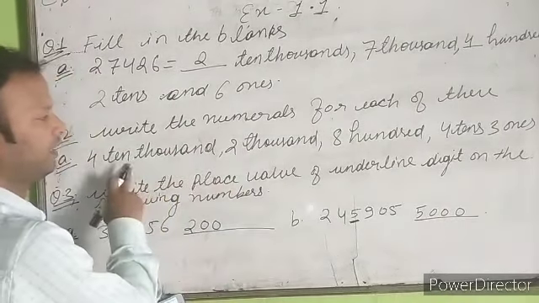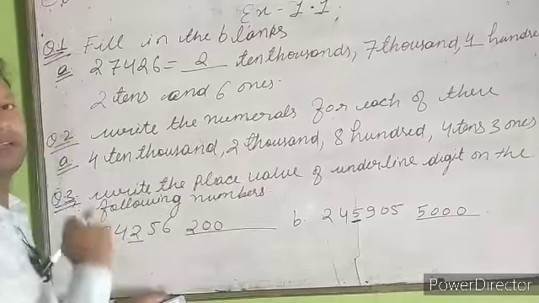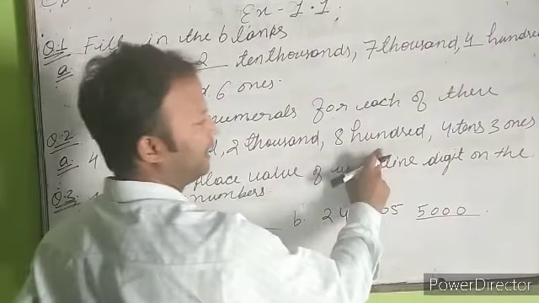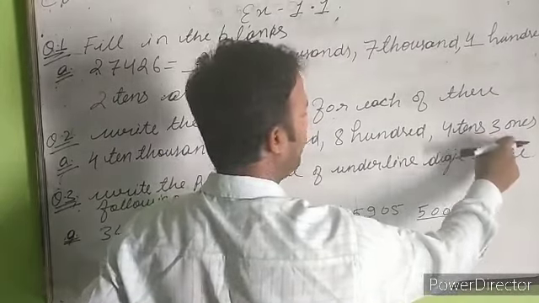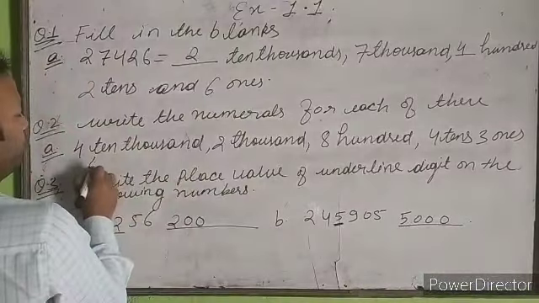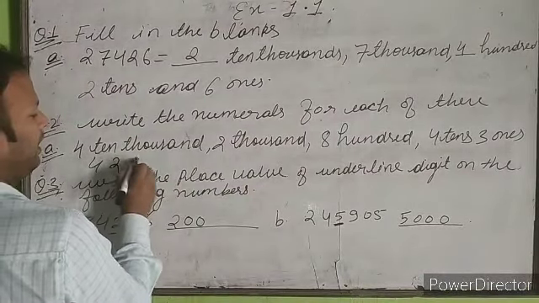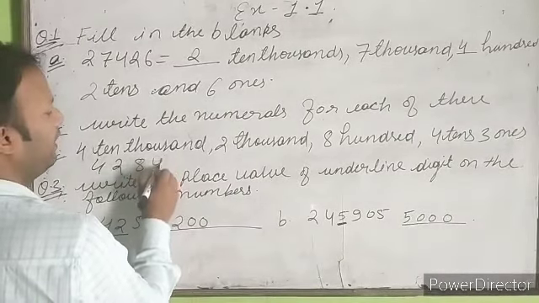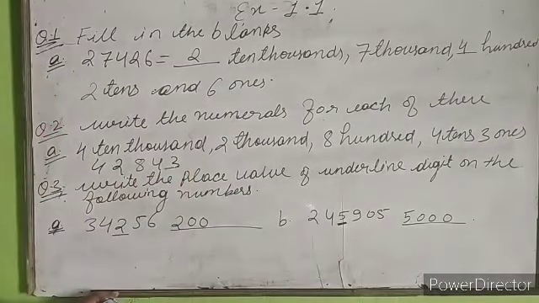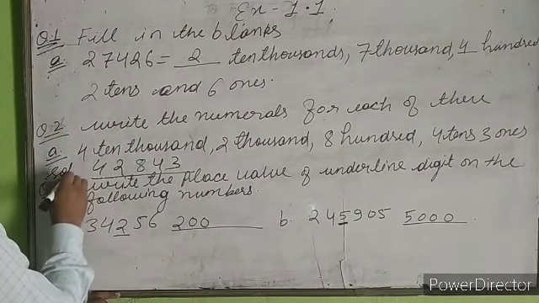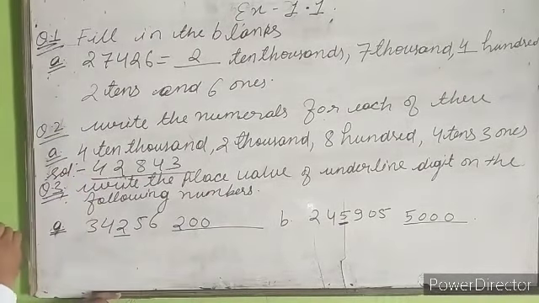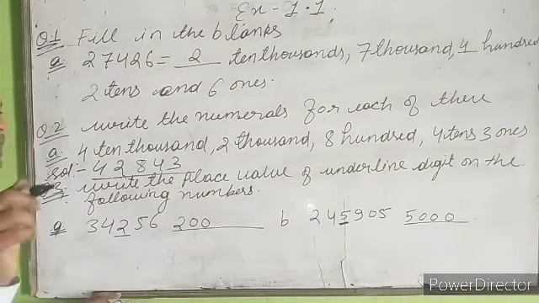So 2,000, 40,000 plus 2,000, 42,000. 800, 4 tens means 40. 3 ones means 3, so 43. 42,843. This is your answer of this question. B1 is your homework that you have to do.